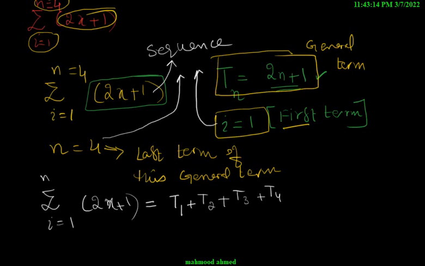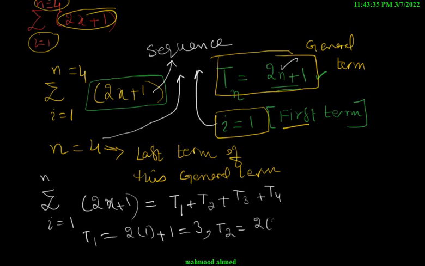If you want to understand, this means you need to calculate t1. And what is t1 here? Just plug the value of 1 there: 2 times 1 plus 1, so 3.